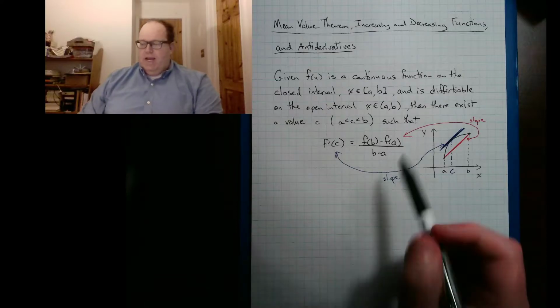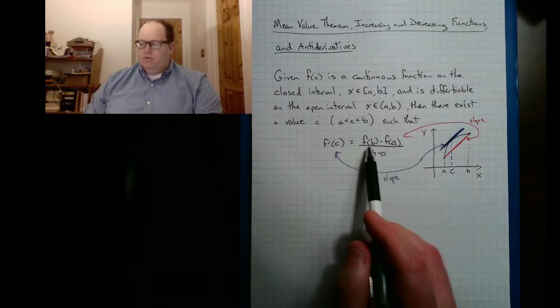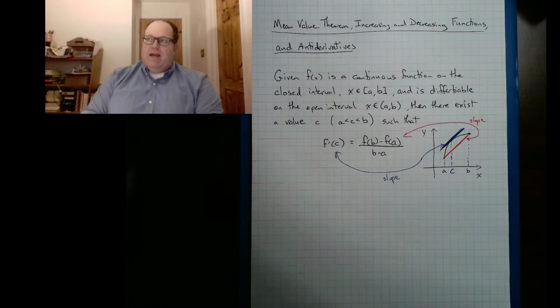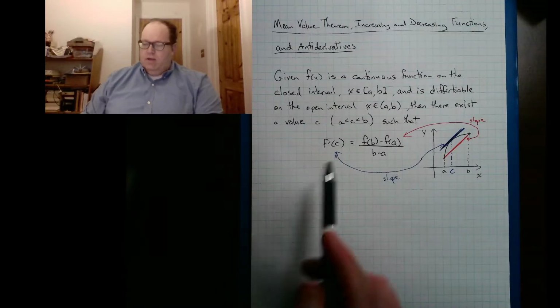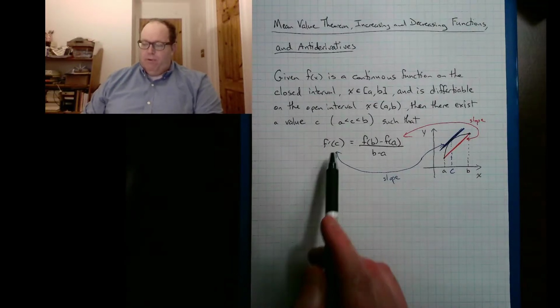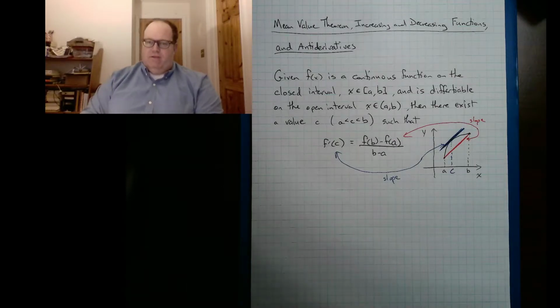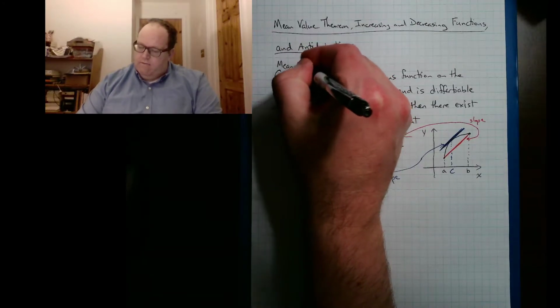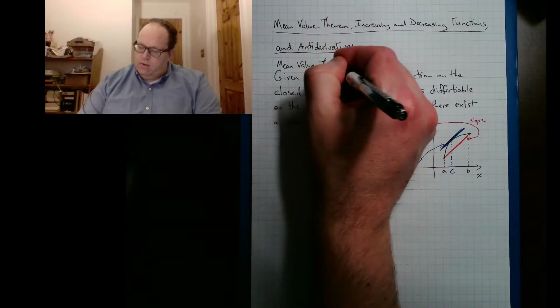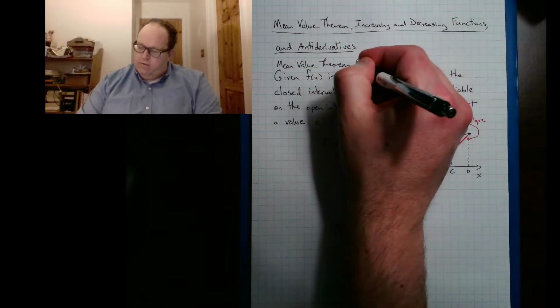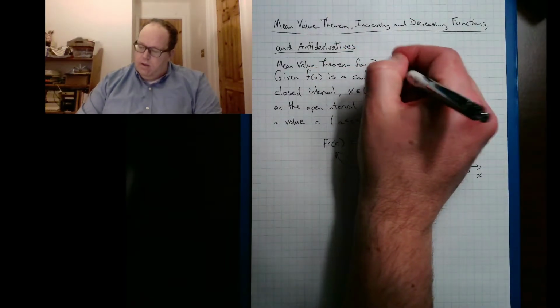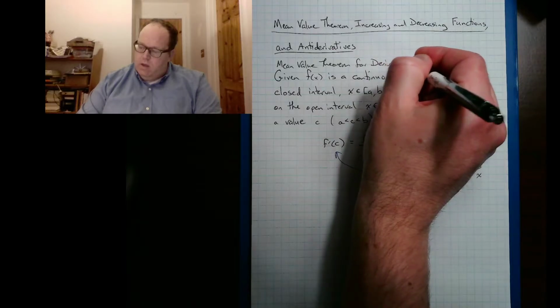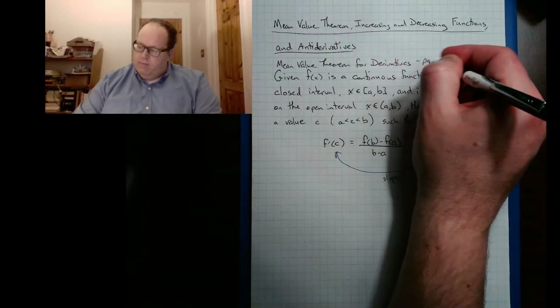The rate of change of that distance between my two endpoints, if that averages out to 100 kilometers per hour, then that means at some individual point you had to be traveling 100 kilometers per hour as well. And again, this is the mean value theorem for derivatives, and is also outlined on page 200 of your book.